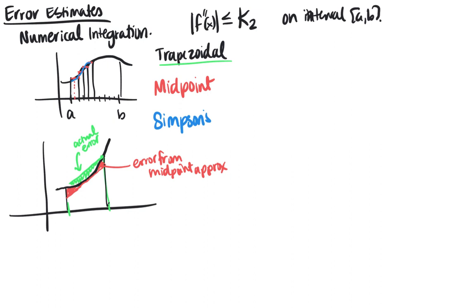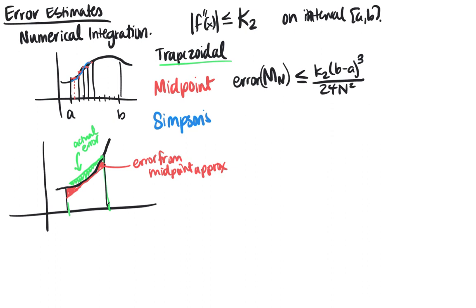And so the error bound for the midpoint with rectangles is K2 times (b minus a) to the third over 24n squared, where n is the number of rectangles.